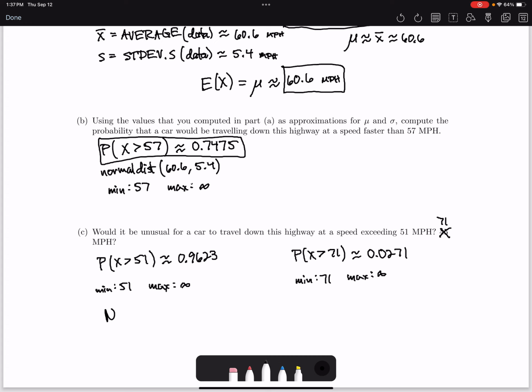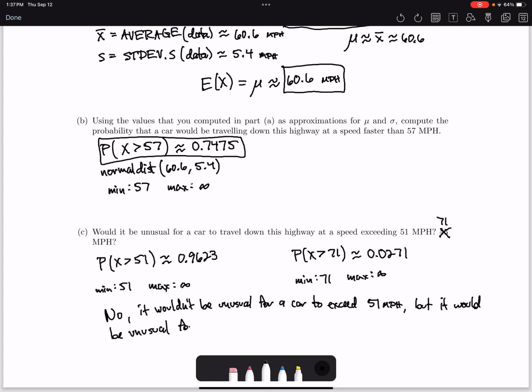So no, it wouldn't be unusual for a car to exceed 51 miles per hour, but it would be unusual for a car to exceed 71 miles per hour, since the probability x is greater than 71 is 0.0271.